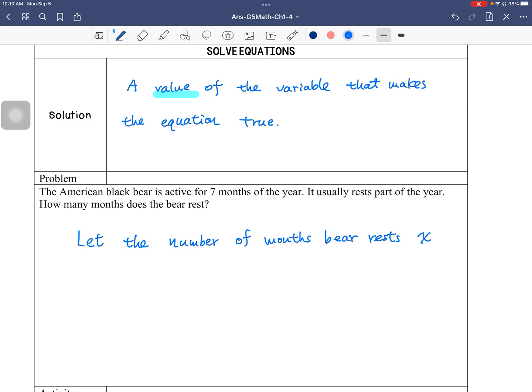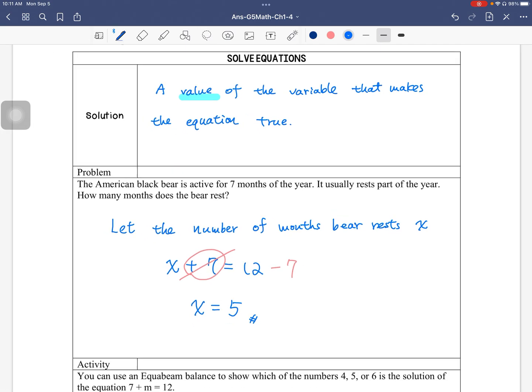The number of months the bear rests, x, plus the months the bear is active, 7, totals 12. To solve the equation, we circle positive 7 and subtract 7 from both sides, so x equals 5. So there are 5 months that the bear will rest.